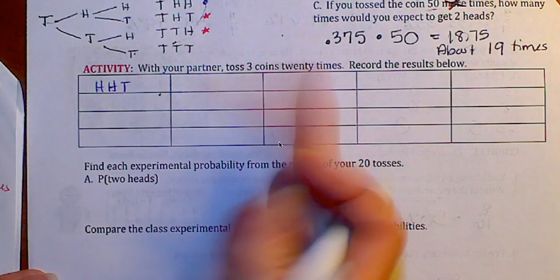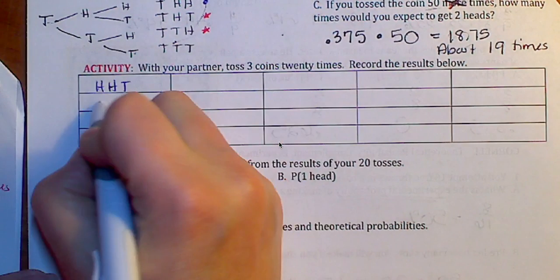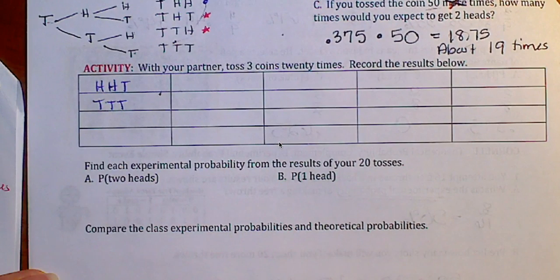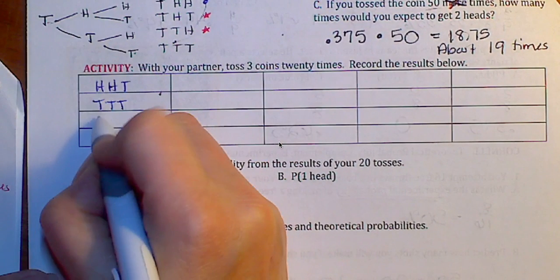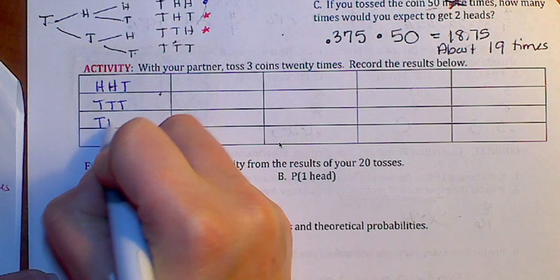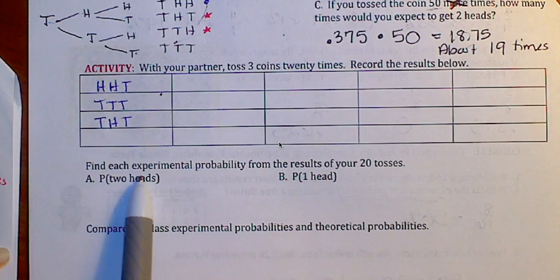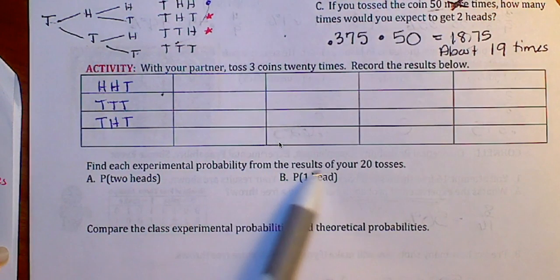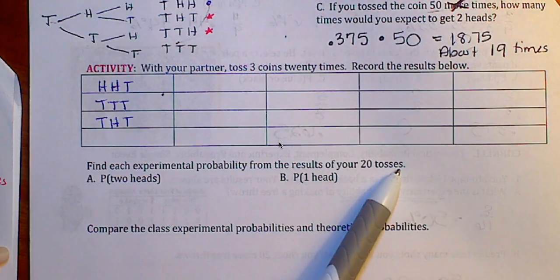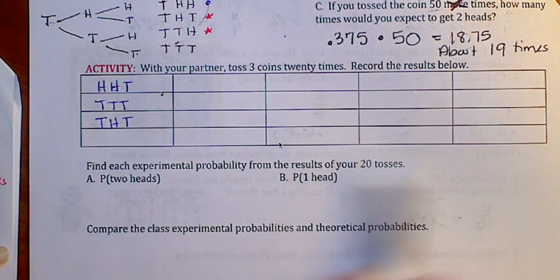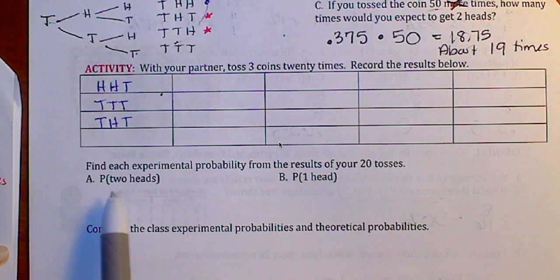Then toss the coin again and I get tails, tails, tails. And the next time I toss them again, I get a tails and a head and another tail. Okay, so do that as quickly as you can, 20 times. Record your results, and then you're going to find the experimental probability from the results of your 20 tosses. So how many times did you get exactly 2 heads?